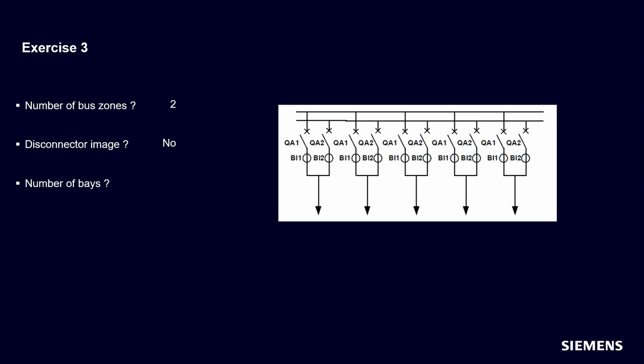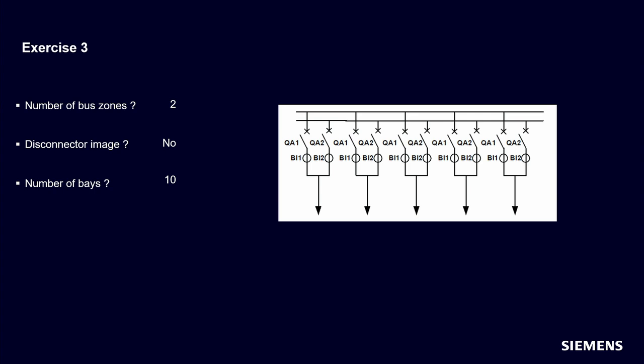Numbers of bays. Look carefully. From the customer's point of view, it looks like 5 bays. But here we really need 10 bays, because we need 1 bay per pair of CT and circuit breaker in each bay.